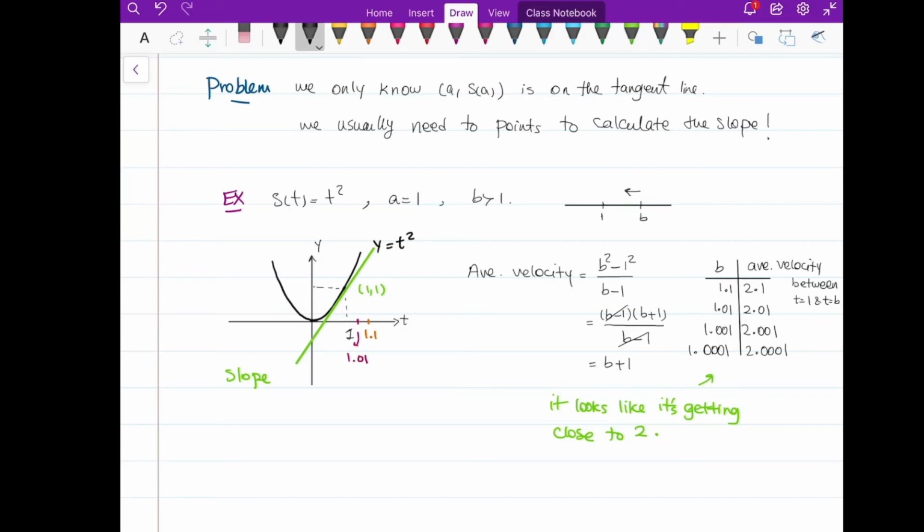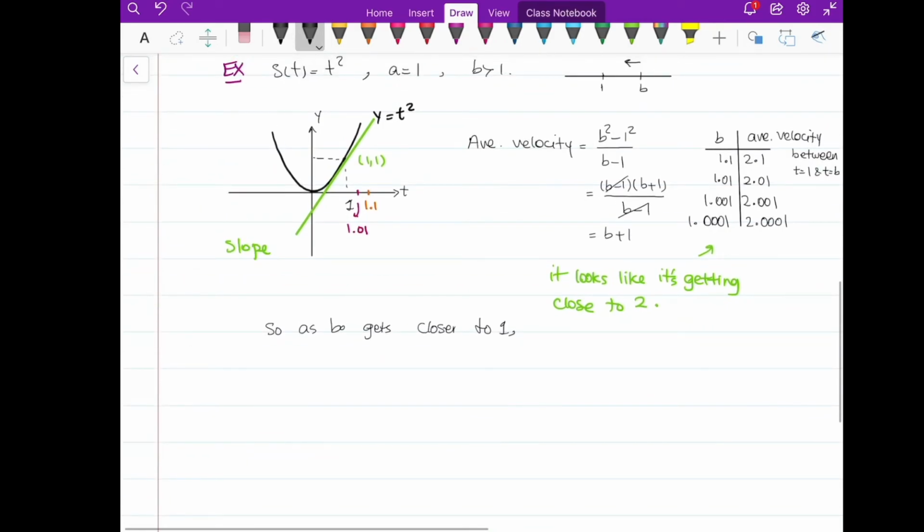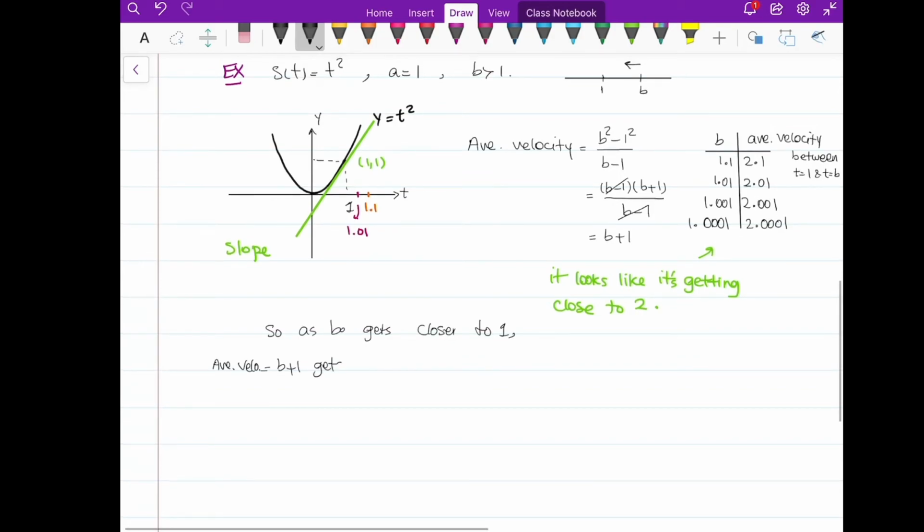So we can say that as B gets closer to 1, B plus 1, which is basically my average velocity, gets closer to 2.